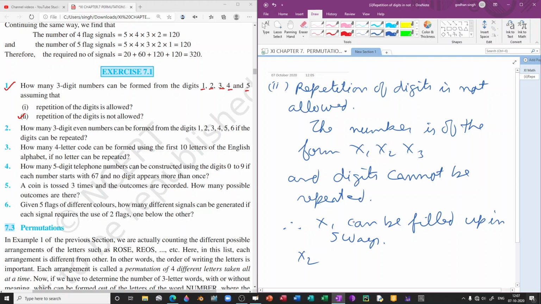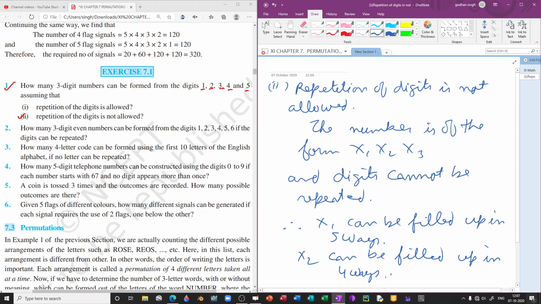Now x2 can be filled up in how many ways? Not 5 ways, because when we filled x1 the first time, one of the digits out of 1, 2, 3, 4 and 5 has been used. So the remaining will be only 4 digits. So x2 can be filled up in only 4 ways.